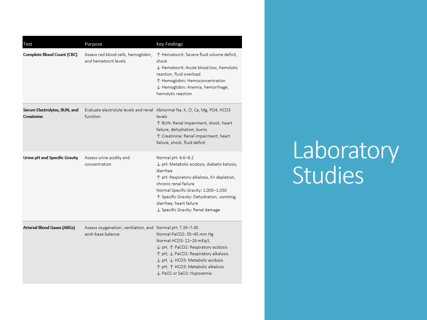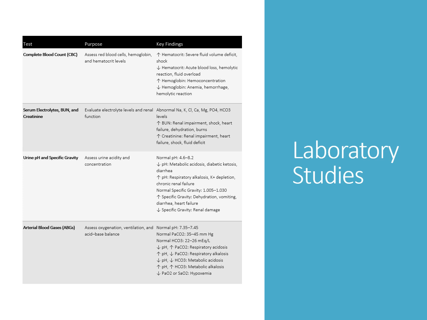You have your serum electrolytes, BUN, and creatinine. Those we do to evaluate electrolyte levels, and it gives you an understanding of renal function. So we have those listed there and what they can indicate with fluid deficits, dehydration, renal function, and such.